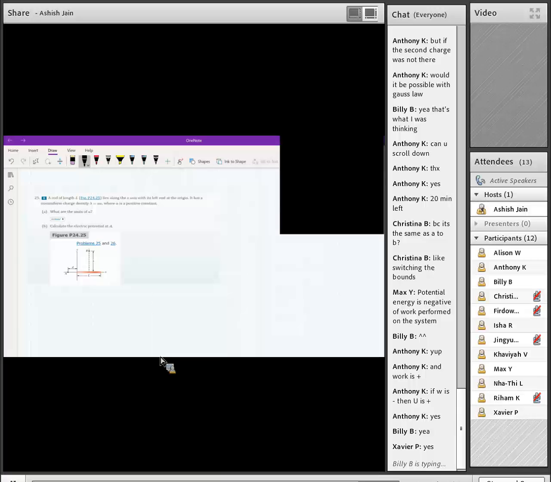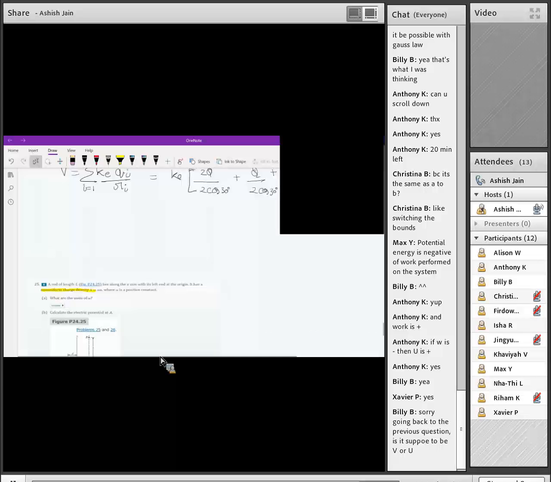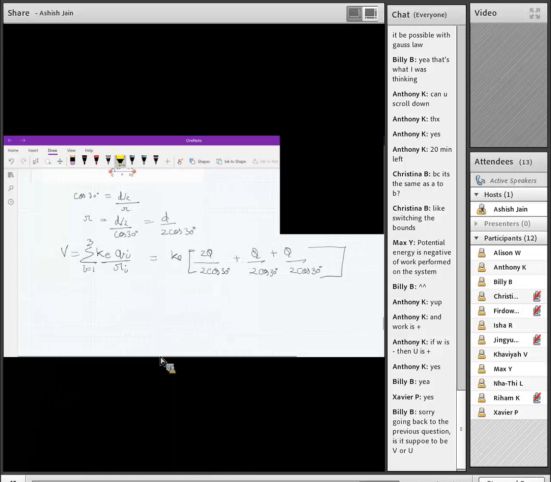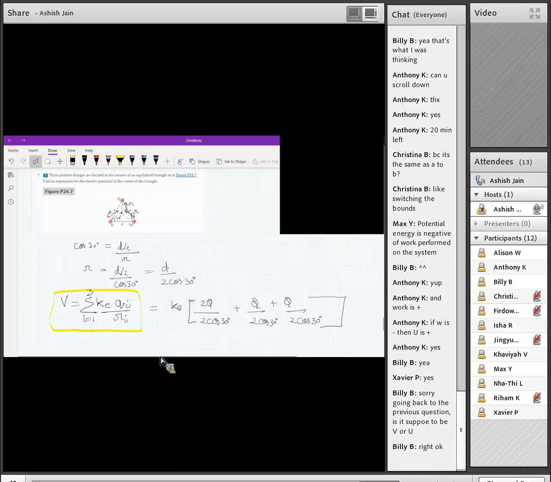So the point to be noted is it's non-uniform. This is V, the formula for potential, not the energy. We have to find the potential, not the energy.